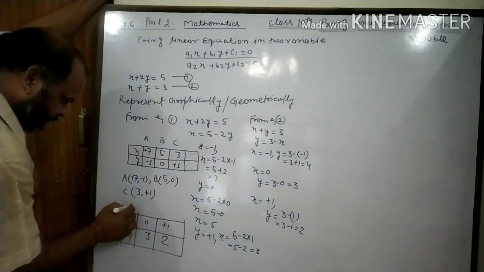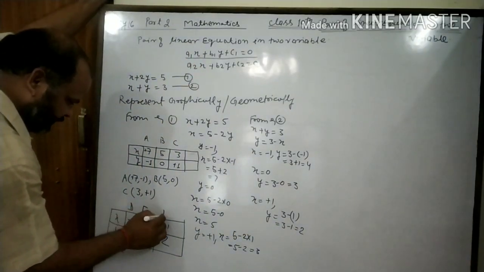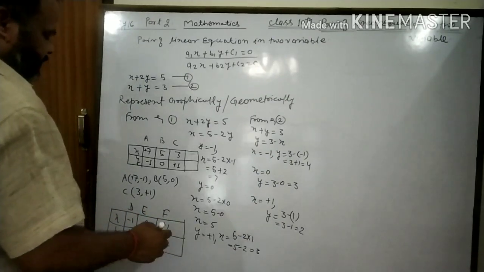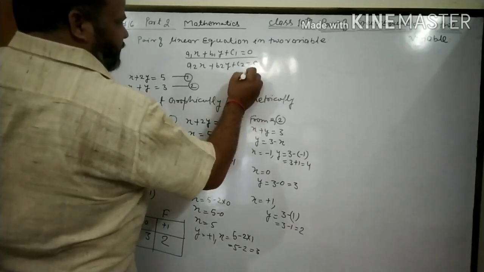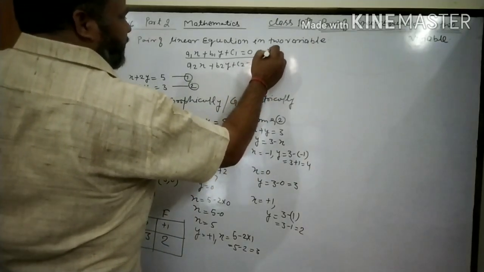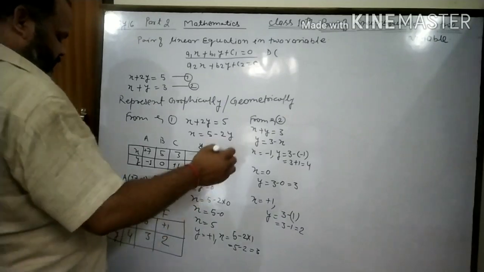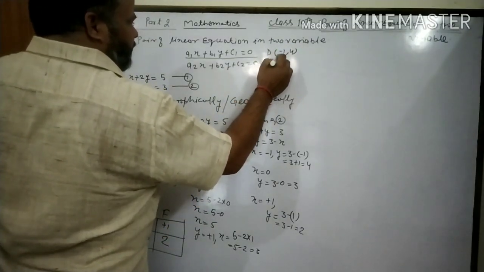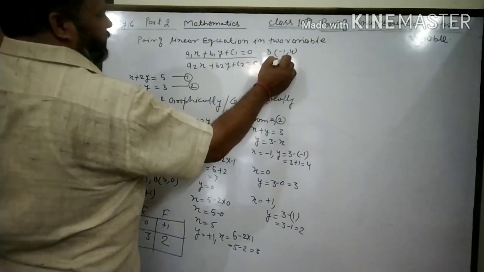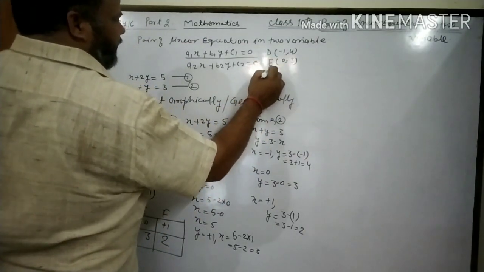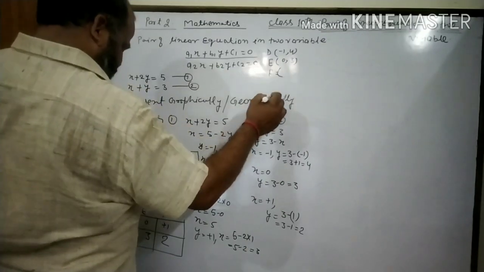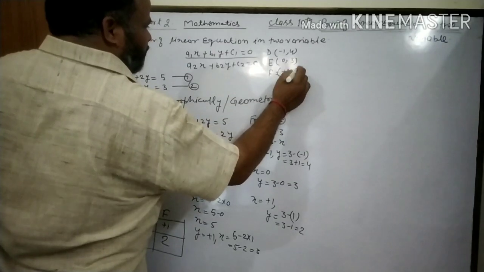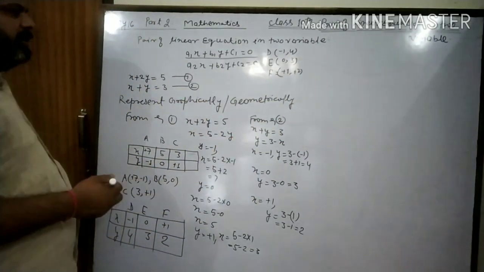It is D, E, F. Now coordinates of the points: D (-1, 4), E (0, 3) and F (+1, +2). Plus is not written, but you can write.